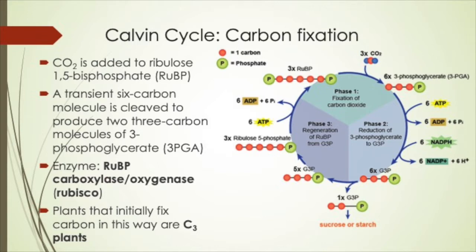NADPH, we have ATP, we have light energy that has gone through, and then we have CO2. So CO2 is added to ribulose 1,5-bisphosphate, and this is RuBP. So CO2 is coming in, right? That's added to what's called the reactants of the first Calvin cycle.